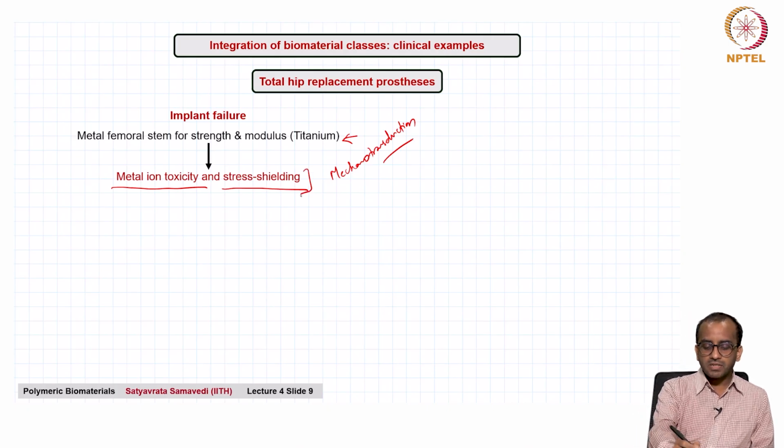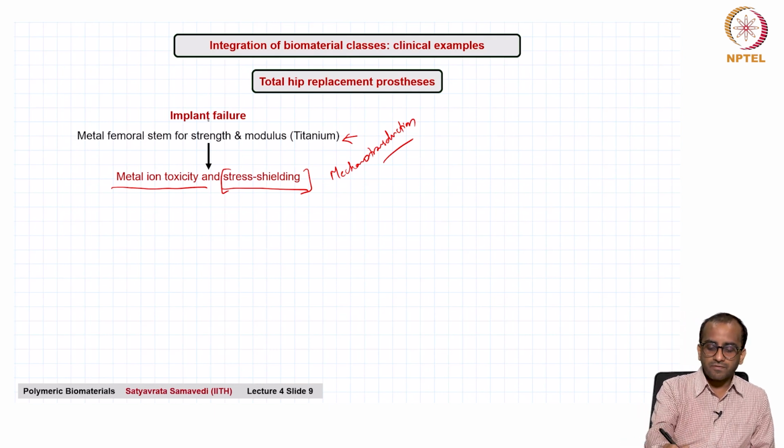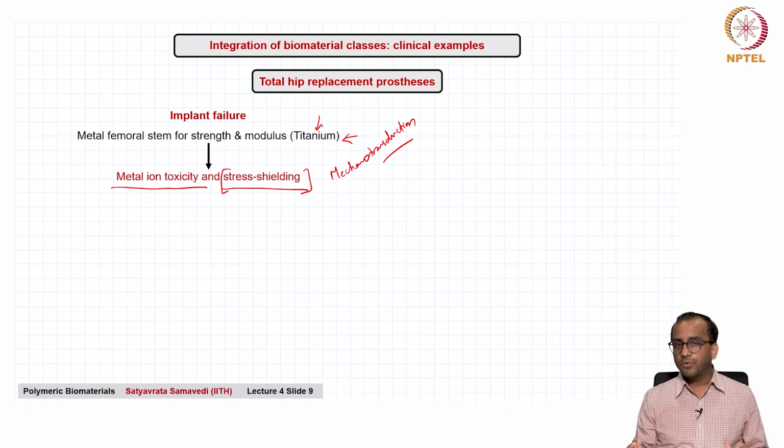But what happens is, if the mechanical properties of the implant that you're putting in are over-engineered, in the sense that they outperform the mechanical properties of the underlying bone itself, then all the load that is coming in from outside in the form of mechanical loads during everyday activities will be taken up by the implant itself and not by the bone.